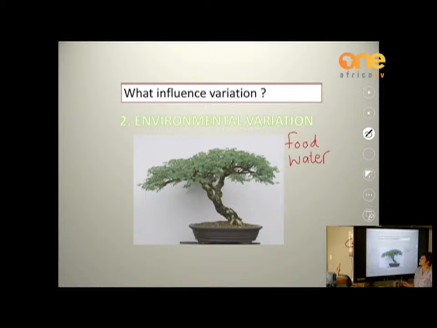This is a beautiful bonsai of the camel thorn tree. And what happened here is it was pruned since a very young age to shape it in a specific form. Amount of sunshine. All this eventually causes a specific outcome.